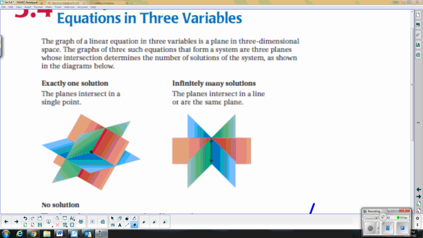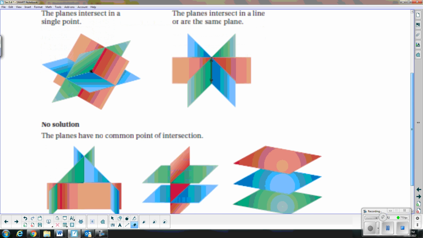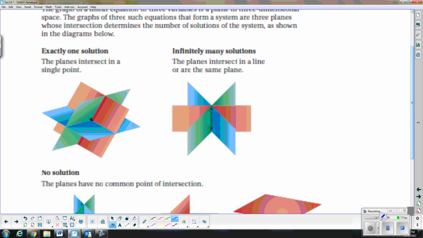Okay, so with equations with 3 variables, the graphs of these look, and you see this on your note sheet too, but it's a little easier to see here because there's color. So with this first one, exactly 1 solution, this is the only point where the blue plane, the green plane, and the red plane all intersect together.